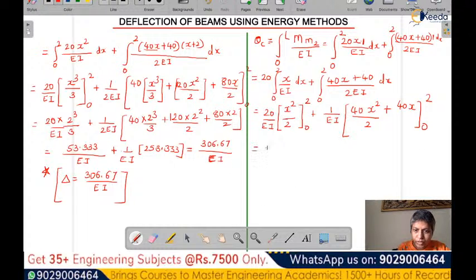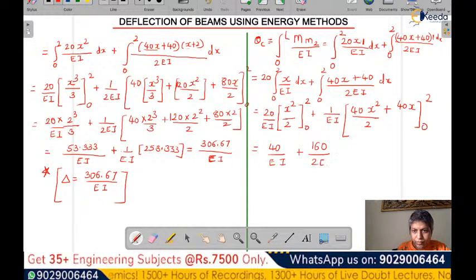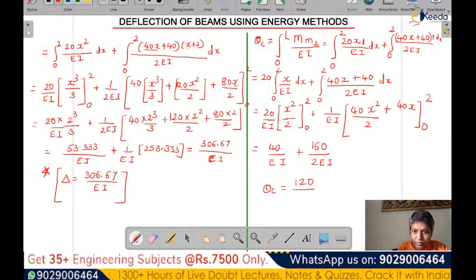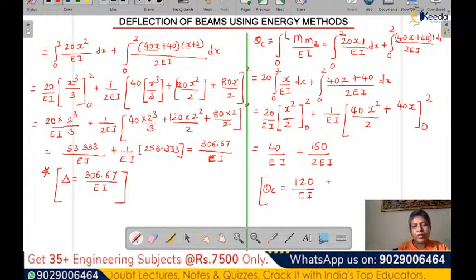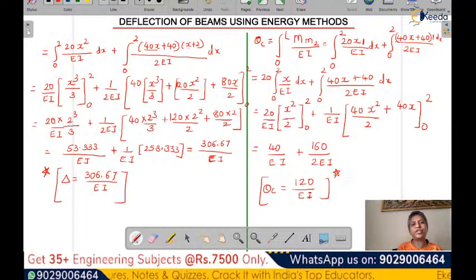So here we get the answer, when we substitute the value, 40 EI plus 160 by 2 EI. So finally we get the rotation at C is equal to 120 by EI. Okay, so this is the rotation value.